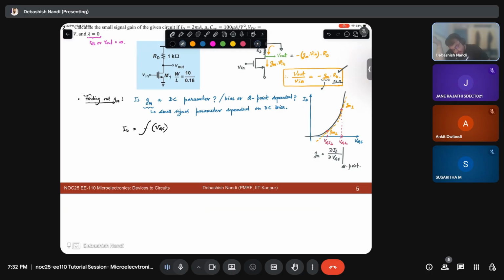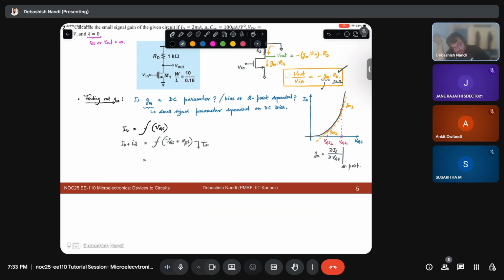So let's say ID plus small id will be a function of some DC voltage plus some small AC voltage. Any kind of nonlinear characteristic I can expand in a Taylor series.